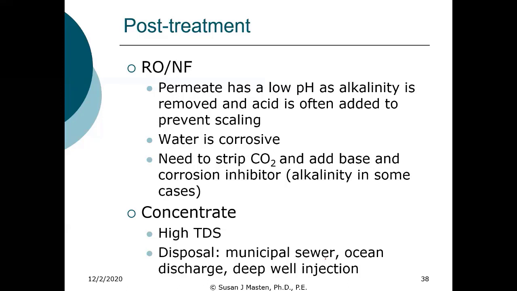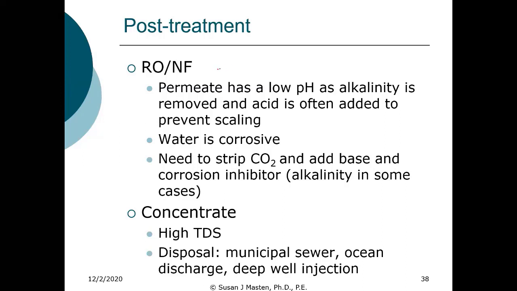Once that water has passed through the RO, there are essentially no minerals in it. It will typically have a low pH, as the alkalinity is also removed. The water is highly corrosive. So typically what you need to do is add a base. You want to add alkalinity in many cases, and a corrosion inhibitor.